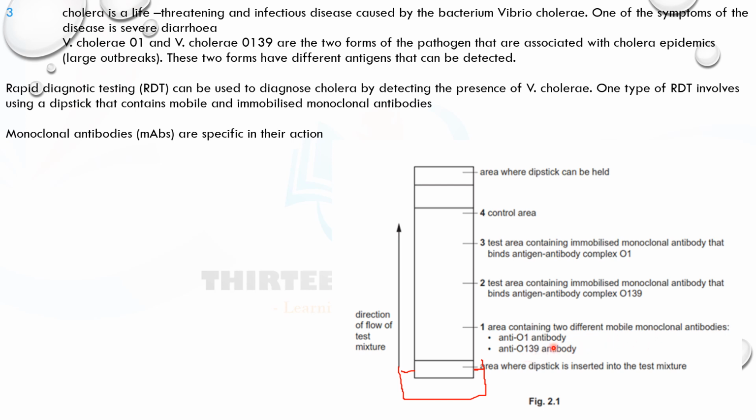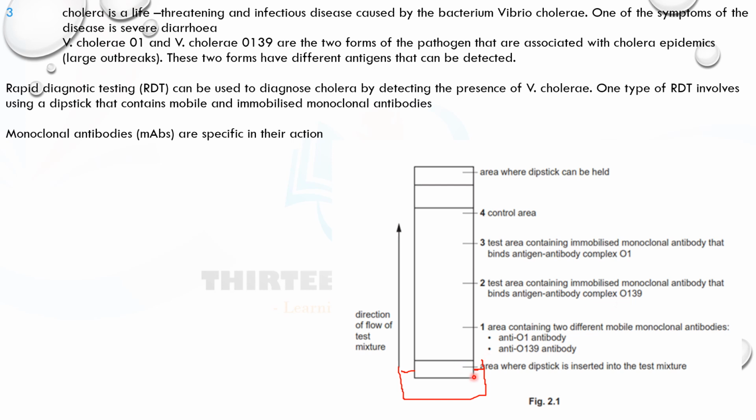Remember that when antigen binds to the antibody, they form an antigen antibody complex. That complex is now used to produce a monoclonal. There's a monoclonal that can identify this antigen antibody complex, and when you see a line here, know that this complex is being bound by an immobilized monoclonal. But this one is specific to O139.